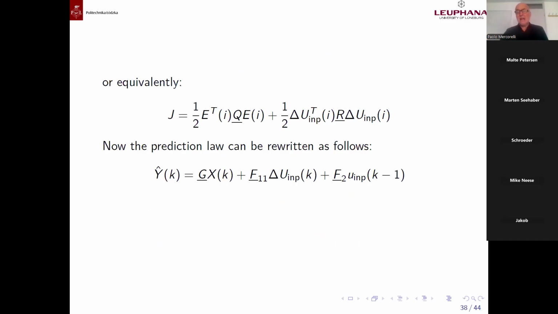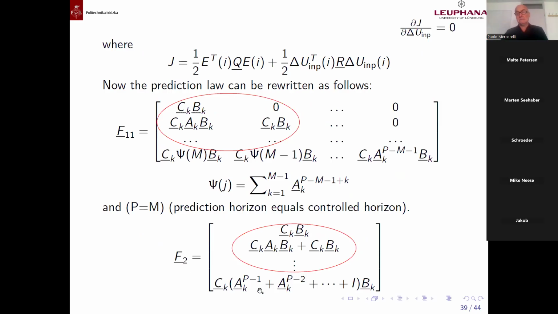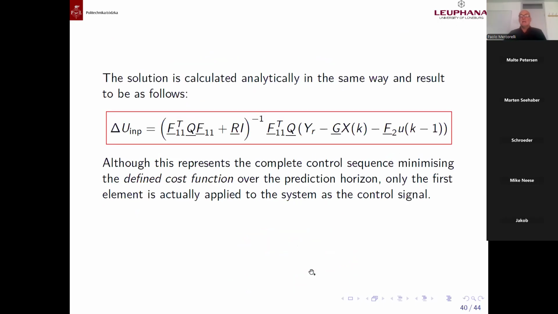And this is the solution. This is the new problem formulation, considering now the past input as an input. What basically changes is the matrix F2. We can demonstrate, and I put the literature here too, that the matrix F2 is this one.